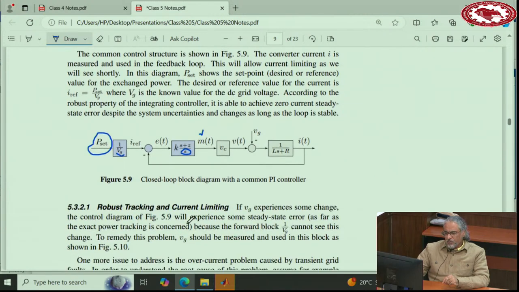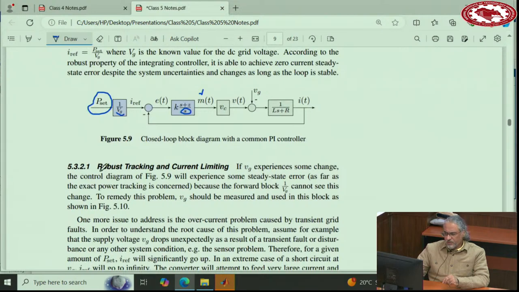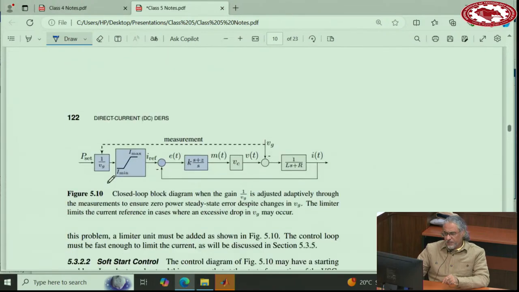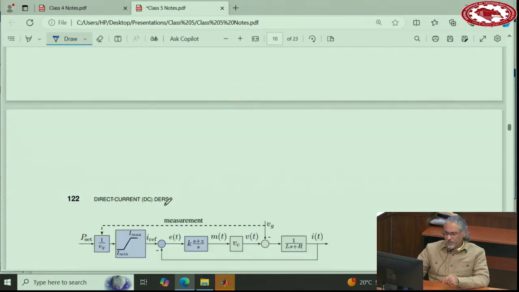The common approach, okay, before designing also, I think I talked about two aspects here. Let me see how I did. Okay. For current limiting, now we need to limit this part, right? Now, if you really want to always follow P set, you need to divide P set by the actual value of the grid voltage. And when you divide it by the actual value of the grid voltage, the reference of the current goes up when the grid voltage goes down.